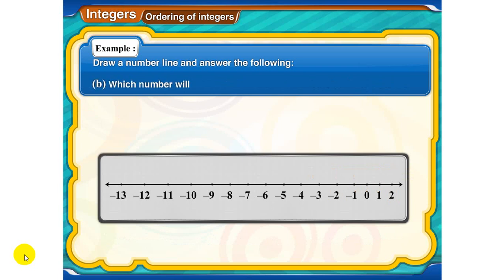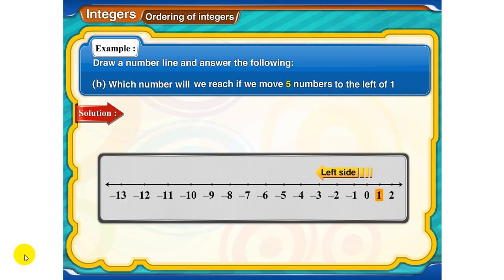B. Which number will we reach if we move 5 numbers to the left of 1? Solution. Moving 5 numbers to the left side of 1, that is 0, -1, -2, -3, and -4. Thus, we move 5 numbers to the left side of 1 and we reach -4.